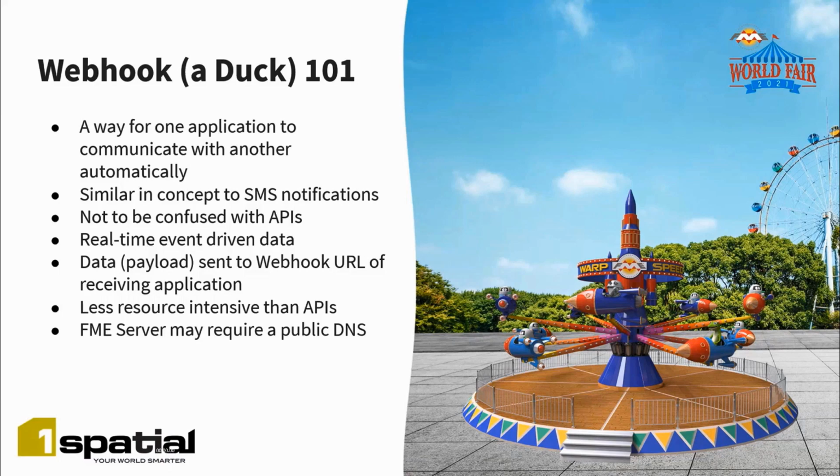Webhooks therefore allow an application to react to real-time event-driven data. Typically, the payload sent to a webhook URL of a receiving application is JSON, but it could equally be XML. So, if data is being pushed to us, that makes it less resource intensive than an API, where we are constantly asking it for any new data.